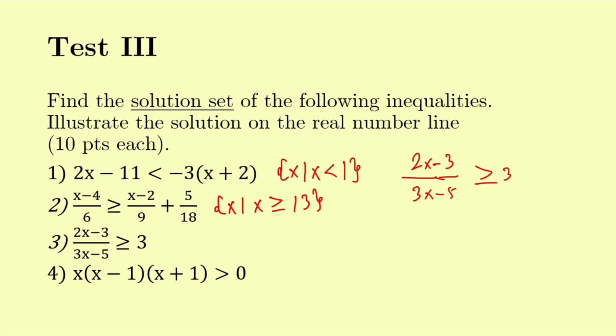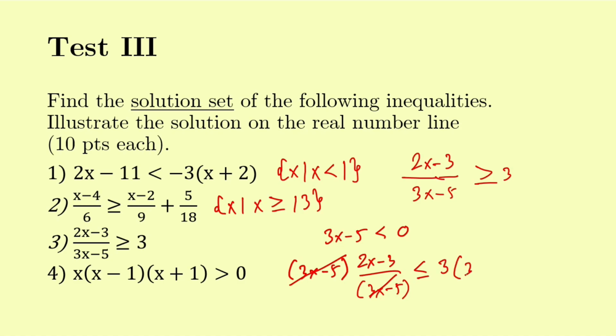Kapag nagkataon na si 3x minus 5 is a negative number, 3x minus 5 is less than 0, that means if we're going to multiply it to both sides of the inequality, it will end up with a flipped inequality. So it's going to be less than or equal to 3 times 3x minus 5 na siya.